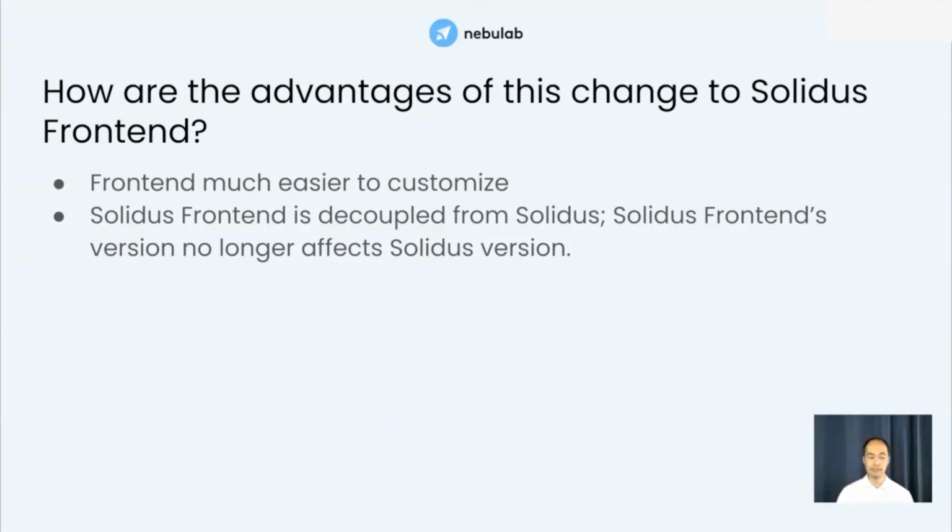Second, on our part, since Solidus front-end is decoupled from Solidus, the Solidus front-end version no longer affects the Solidus version. What I mean is that if we update Solidus front-end, we no longer have to be concerned about it impacting the version of Solidus itself.